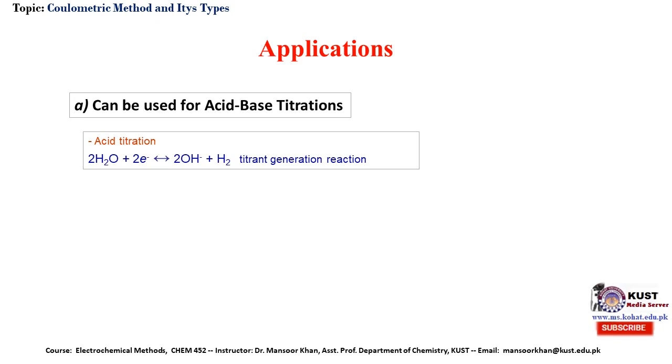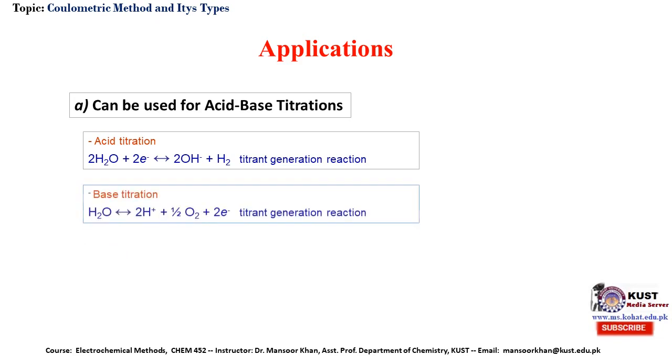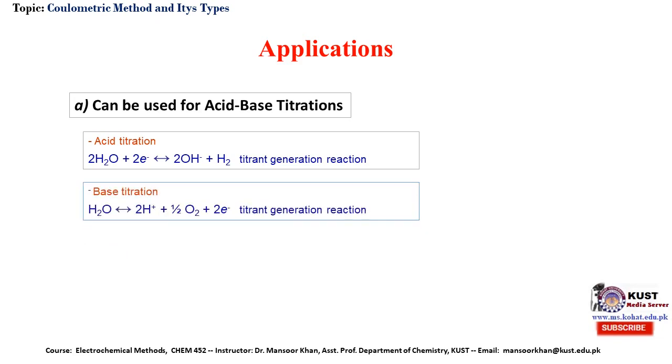The titrant and the titrand are, one an acid and the other a base, while the reaction between the titrant and the titrand is a neutralization one. So this is acid titration, in which H2 production will take place and lead to the formation of OH, titrant generation, while this one is the base titration, in which hydrogen ion production will take place.